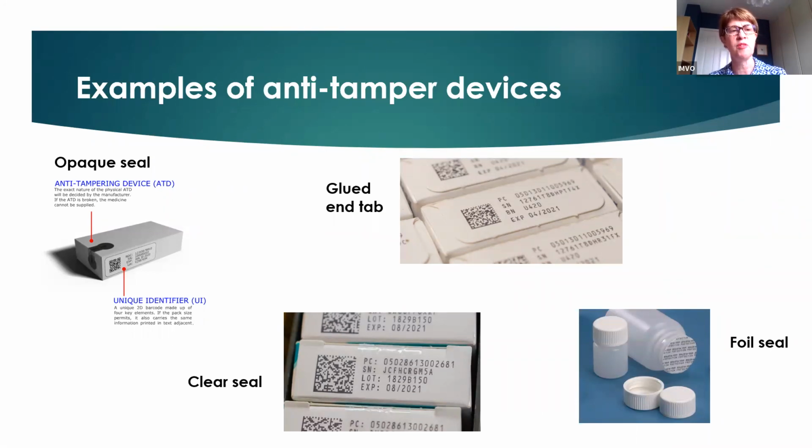So if you do come across any of that, that's actually a product quality defect. IMVO is not responsible for anti-tamper devices. We simply deal with the barcode and the scanning side of things, but we do want to tell you if you do see a defective anti-tamper device, so something comes in from a wholesaler, do report that to the HPRA as a quality defect, and I'll give you the contact details later on.